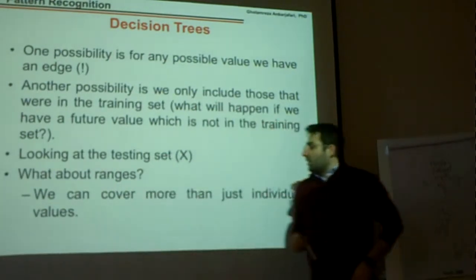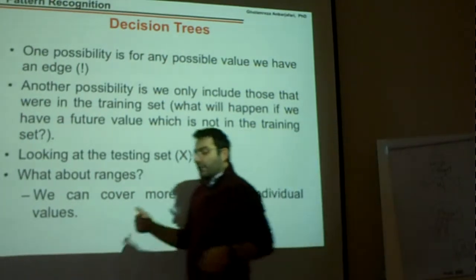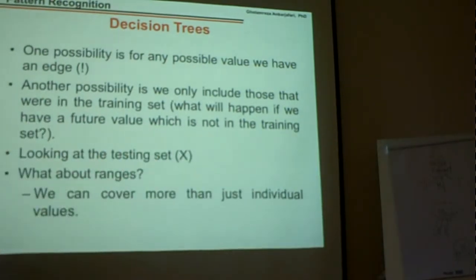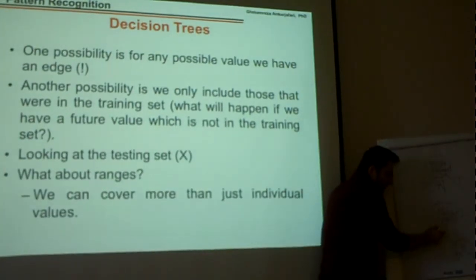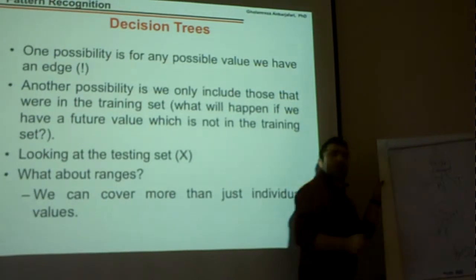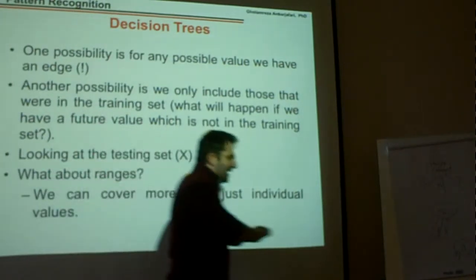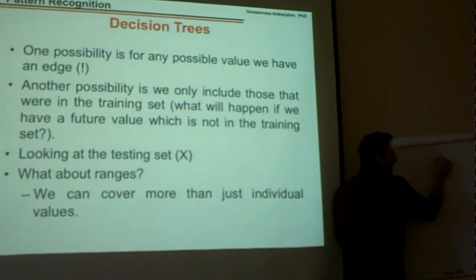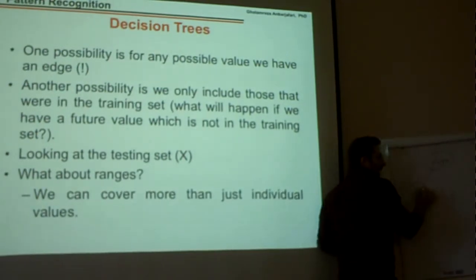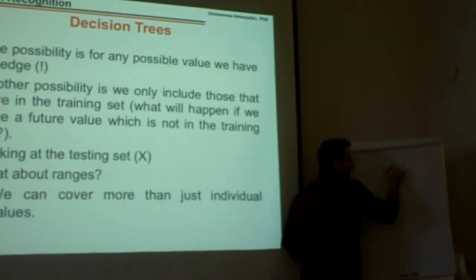So, what about the range? We can actually cover more values instead of having one individual one. Instead of saying that it is 1.001, 1.0001, I can always define a range. For instance, a more meaningful one can be something like this: age, and I can have, let's say, age to be between 20 to 30.